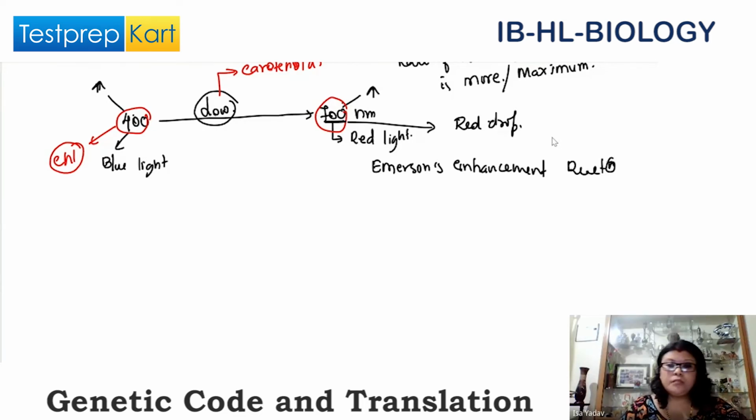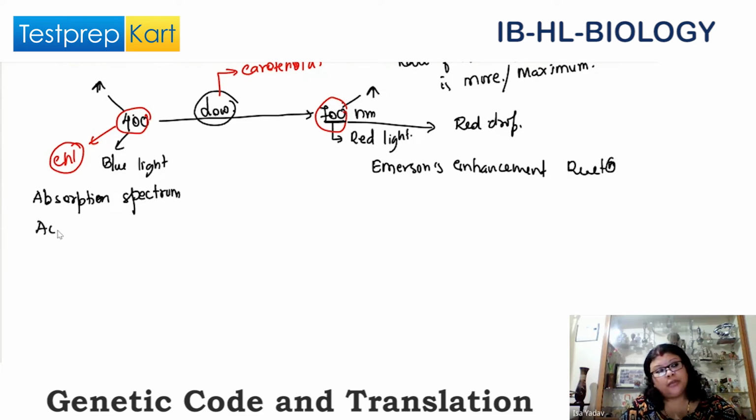All right. So now when we talk about photosynthesis, two things we need to understand: the first is the absorption spectrum, and we have the action spectrum.